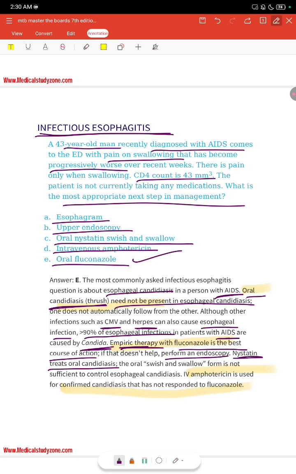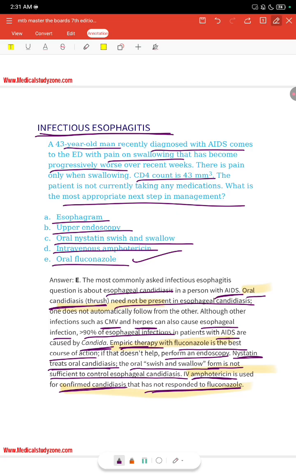Nystatin treats oral candidiasis. The oral swish and swallow form is not sufficient to control esophageal candidiasis. IV amphotericin is used for confirmed candidiasis that has not responded to fluconazole. So this is a kind of summary of how you deal with such questions.